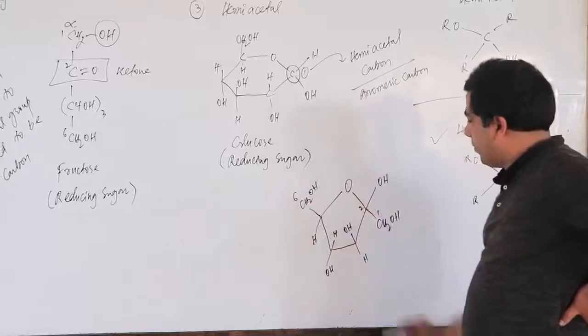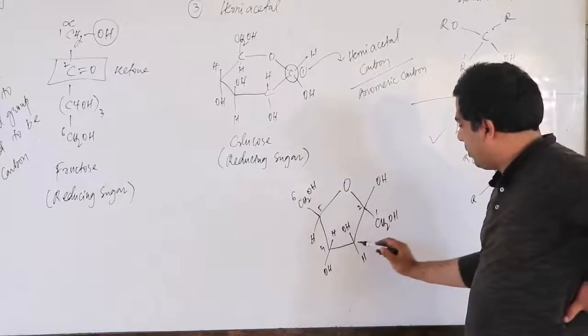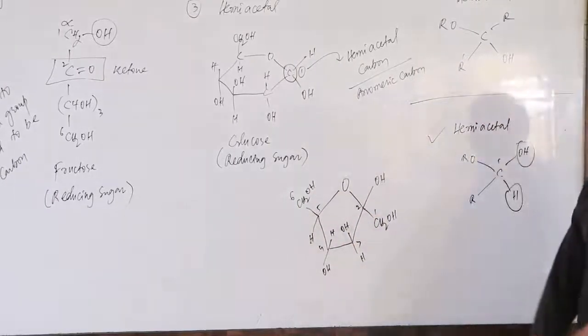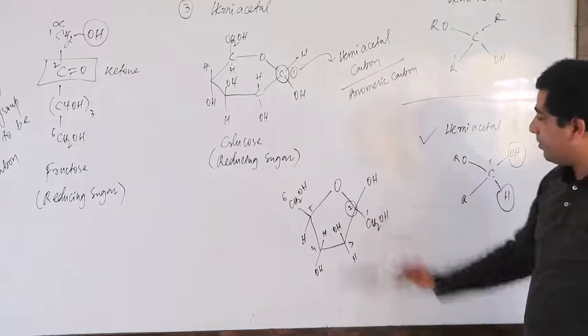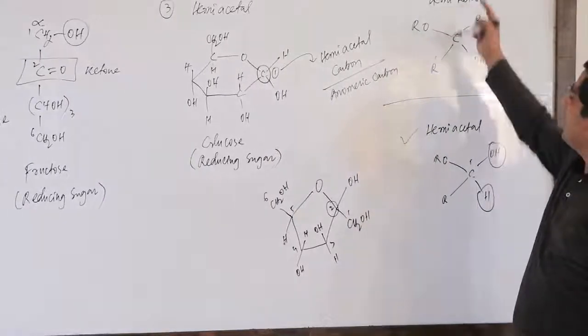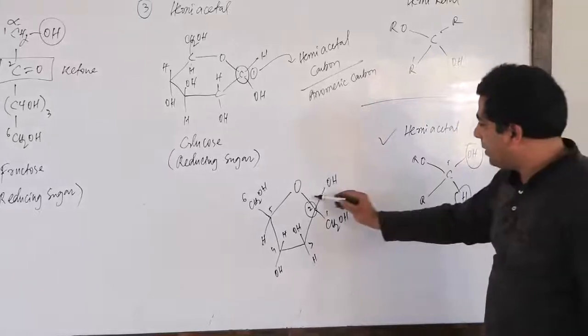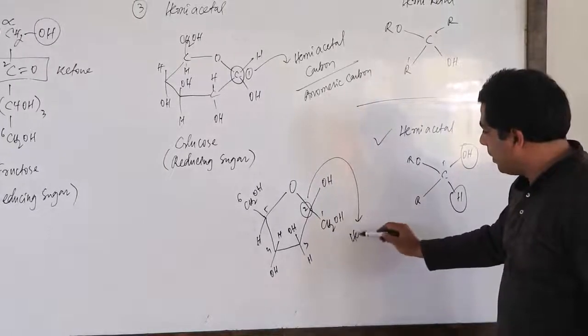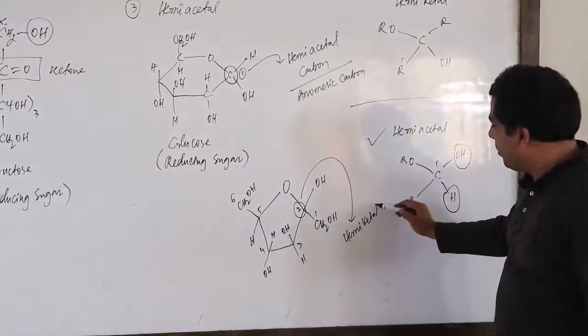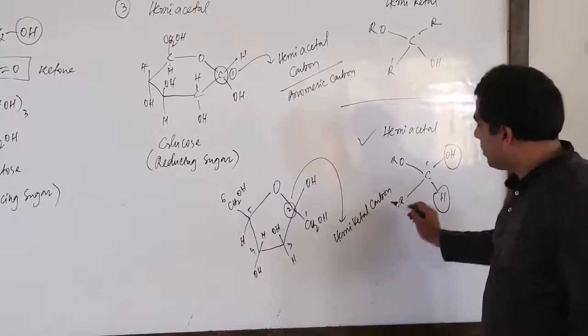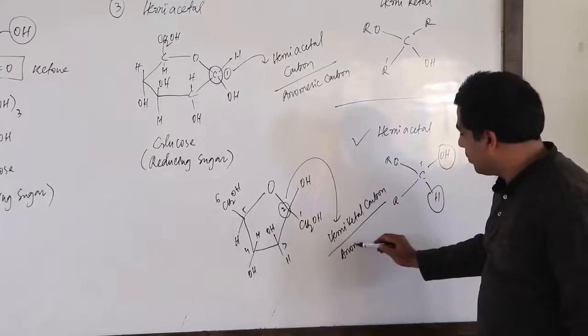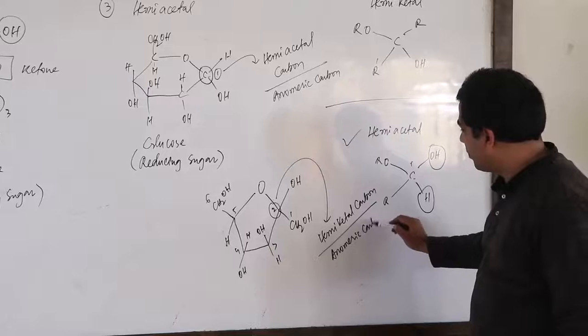CH2OH. That is the sixth carbon. Fifth, fourth, third. Now my dear friends, the second carbon is basically here. Which carbon? Hemiketal carbon. I can call it hemiketal carbon, and it's also an anomeric carbon in fructose.